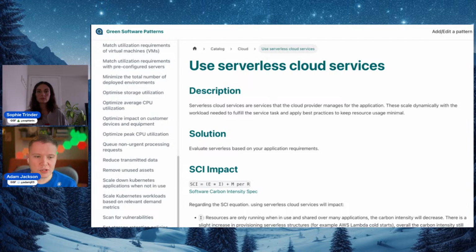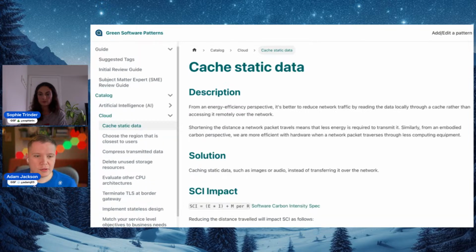So, for example, the usage of serverless cloud services is a really good way both of optimizing your software, making it more efficient, and also cutting the associated emissions with that as well. And that's because the optimization is done for you by those cloud services, rather than you having to necessarily scale those yourselves or look to maximize the efficiency of what you have yourself.